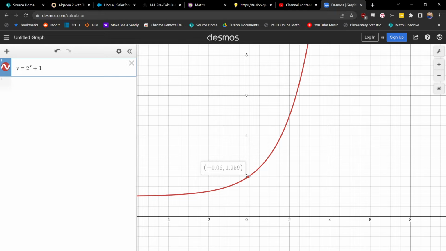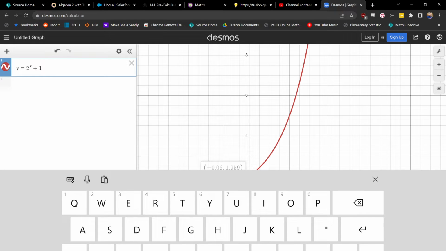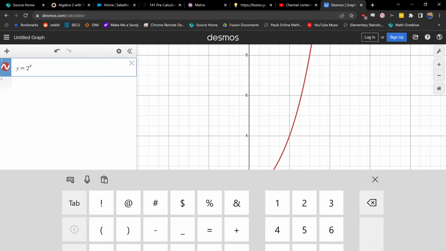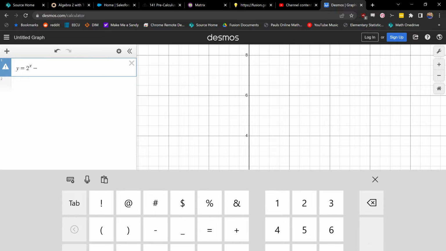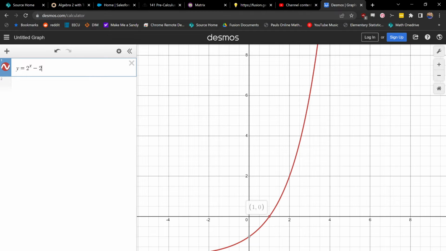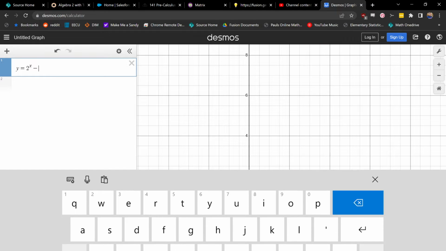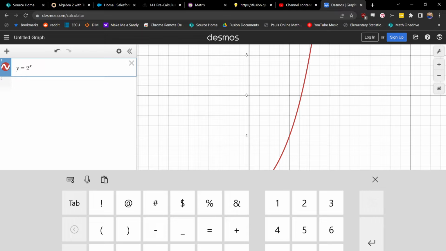But what if we added instead a shift here? Let's do -2. Well, if we added -2 on the outside, it would shift it down. But 2, yeah, there we go, like that.